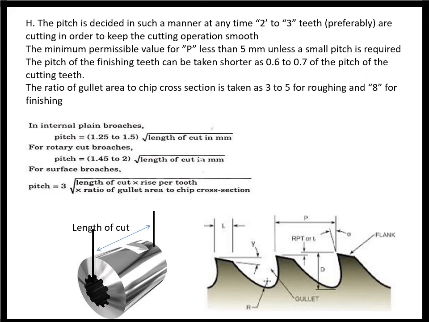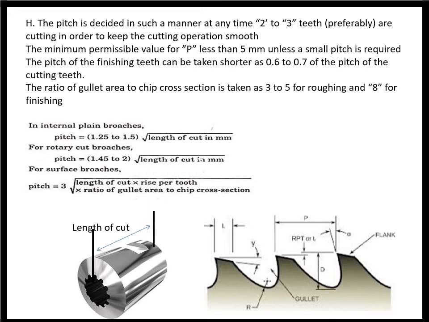Now, the pitch is the most important parameter of broach design and is decided in such a manner that at any point of time 2 to 3 teeth preferably are cutting in order to keep the cutting operation smooth. The minimum permissible value for P is 5 mm, and the pitch of the finishing teeth is always shorter, almost in the range of 0.6 to 0.7 of the pitch.